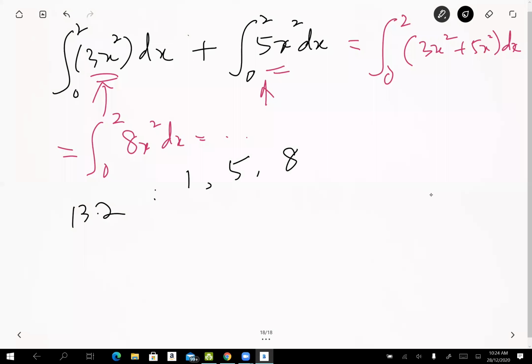You want to find the area between 2 curves, not just a simple area under 1 curve. So that is 13.3.